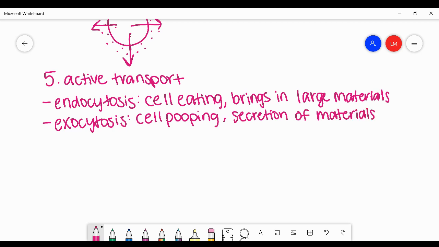So when the cells in your adrenal glands need to release adrenaline for you, they are just exocytosing all of that. The last type of active transport is really more of an example, and it's called the sodium-potassium pump.